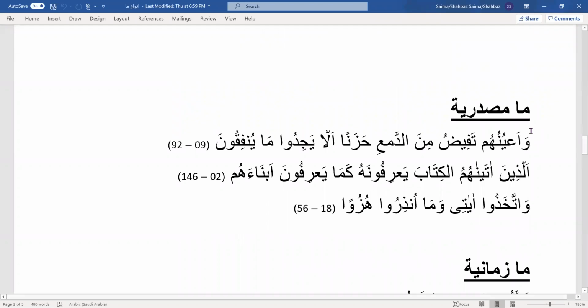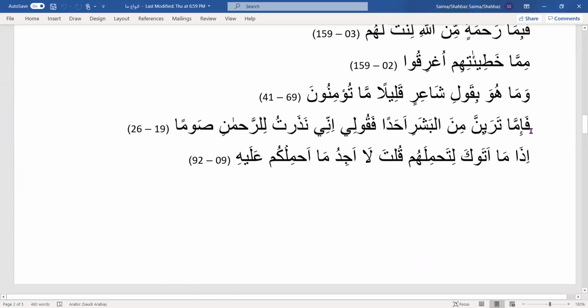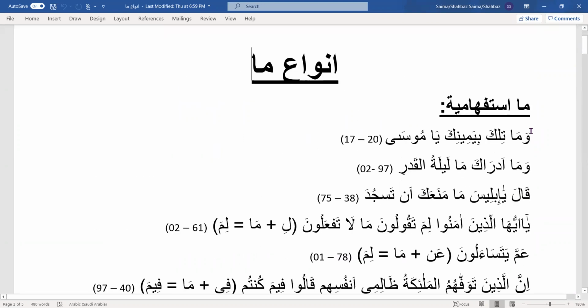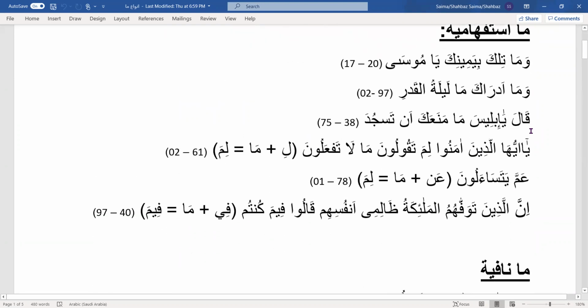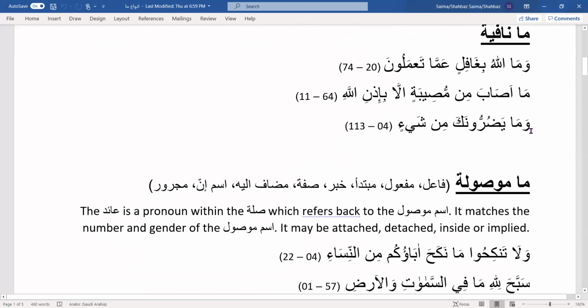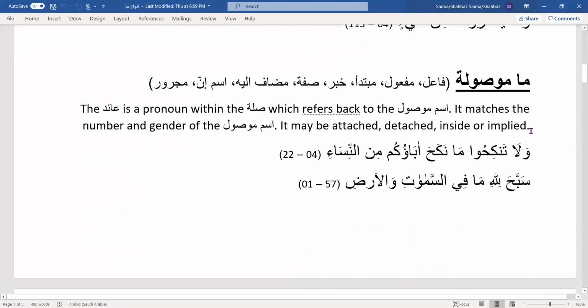I have a question. Can you go to the first page? In the ma mausulah, the first example, "wa la tankihu ma nakaha abaukum minan nisa." So ma nakaha abaukum minan nisa is maf'ul bihi, right?